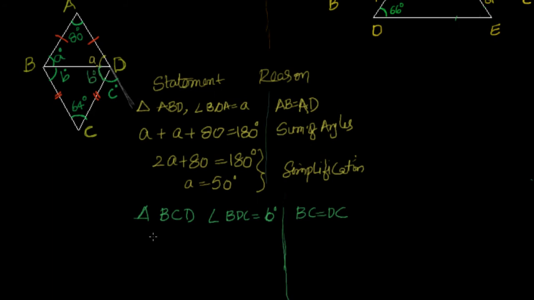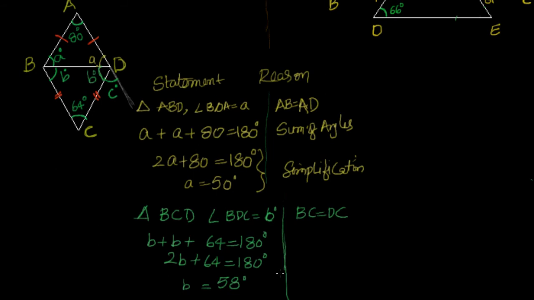Okay. Now what will be my next step? Yes, you guessed it correct, right? I have to say B plus B plus 64 equal to 180, or 2B plus 64 equal to 180. That gives me B equal to, you can simplify this, 116 by 2, that is 58 degrees.